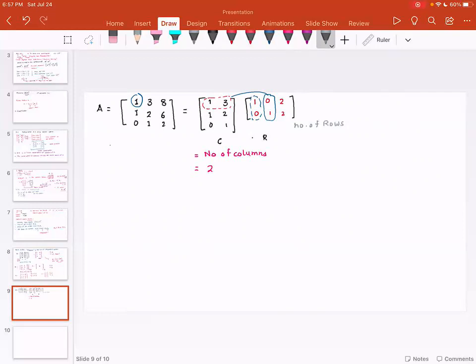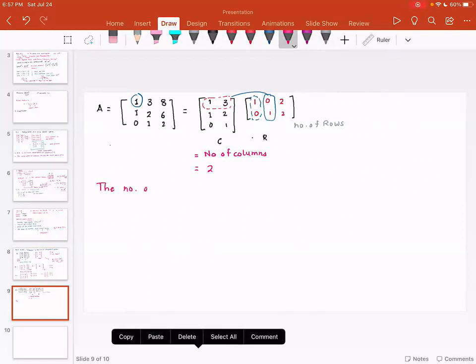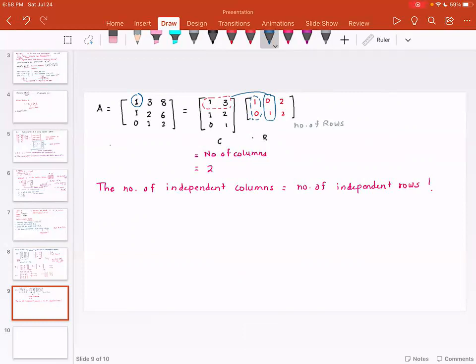And this is the fundamental theorem in linear algebra, which states that the number of independent columns is equal to the number of independent rows. This is a very fundamental concept in linear algebra.